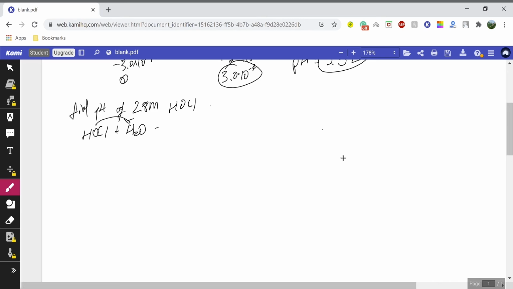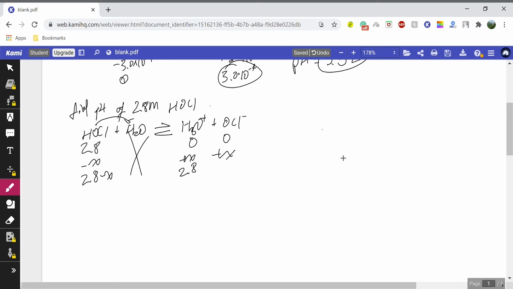The acid will donate its proton to the base, and since this is a weak acid, it's going to be an equilibrium with double arrows. This will form H3O plus and OCl minus. Now we can use 2.8 molar over here, minus X, 2.8 minus X. We don't care about water. This will be 0 and 0, and this will be plus X. Sorry, it's going to be X over here and X over here.